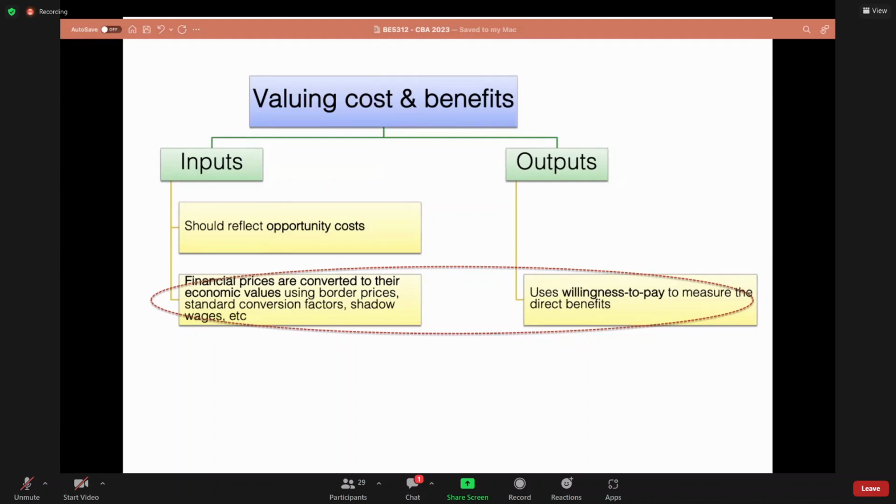To adjust these financial prices to reflect those social externalities, we use something called shadow prices.